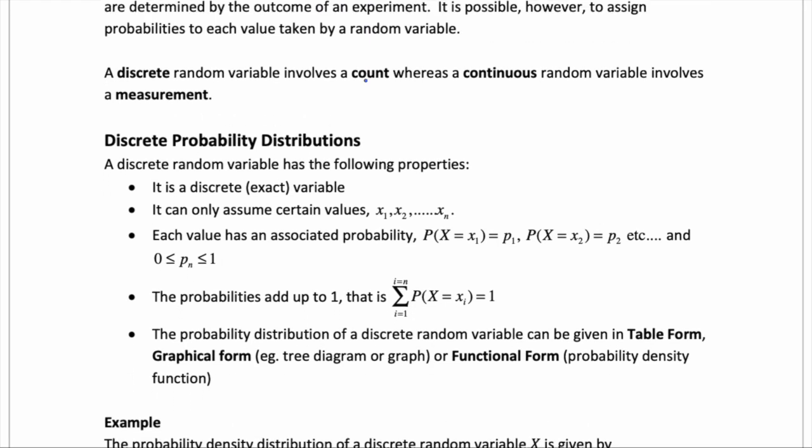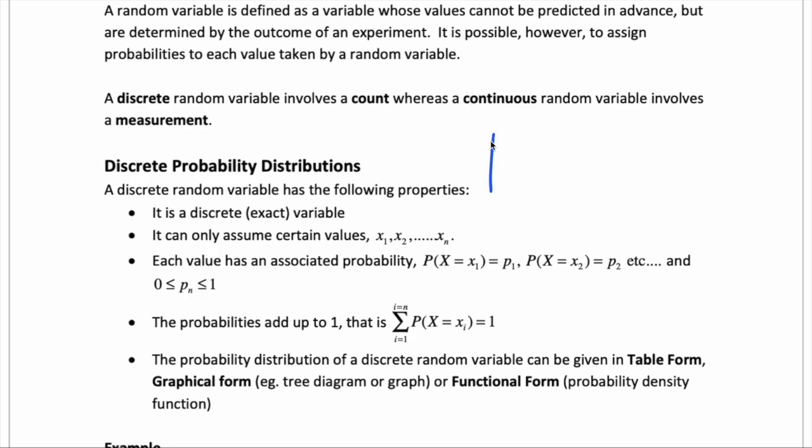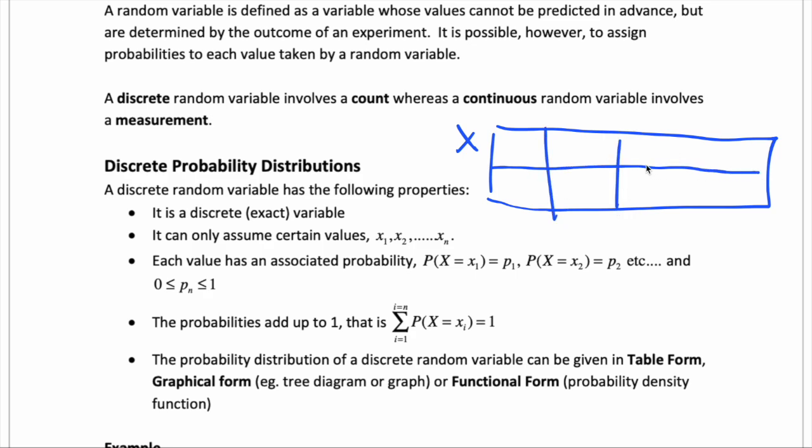Let's use the dice rolls as an example. There's 6 possibilities: 1, 2, 3, 4, 5, 6. Each probability is 1/6, right?